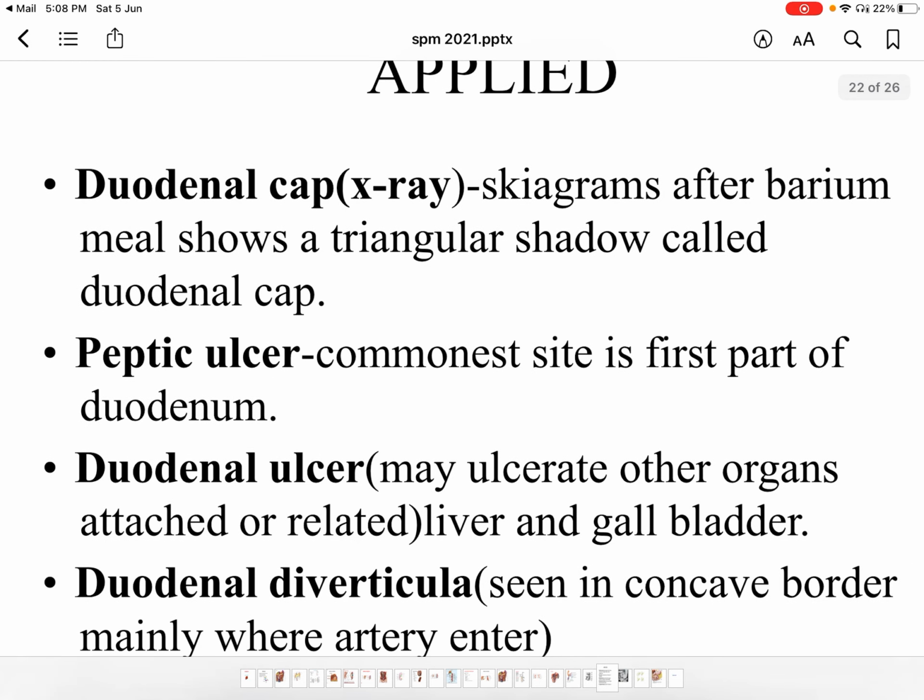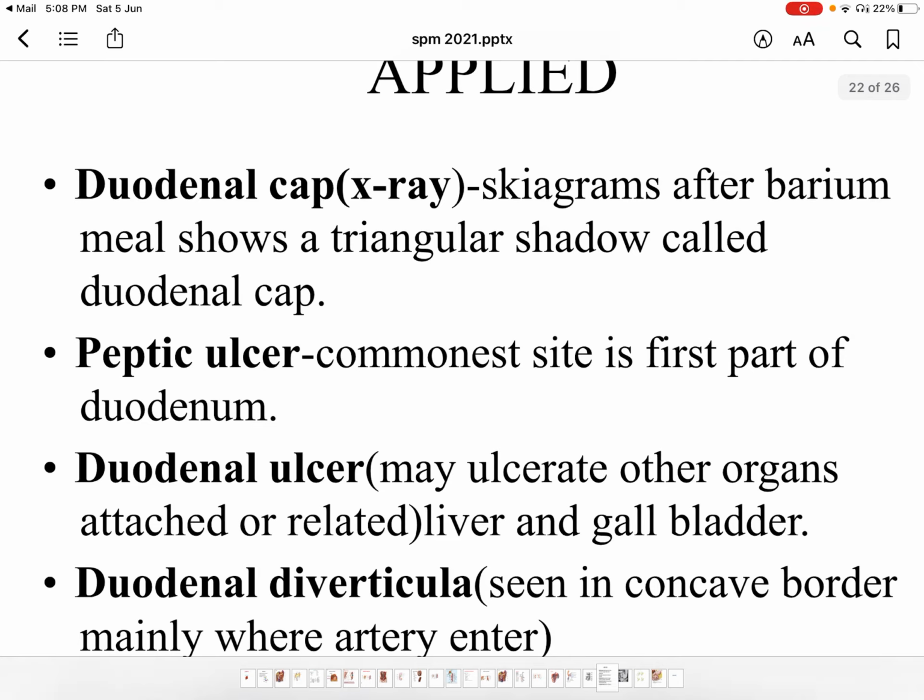Now the applied aspect. In the X-ray, we see the duodenal cap. What is the most important applied aspect? Duodenal ulcer. How does the patient complain? The patient comes and says there is pain in the epigastric region. Duodenal ulcer commonly occurs in the first part of the duodenum because it is supplied by a series of end arteries and receives the acidic chyme from the stomach.